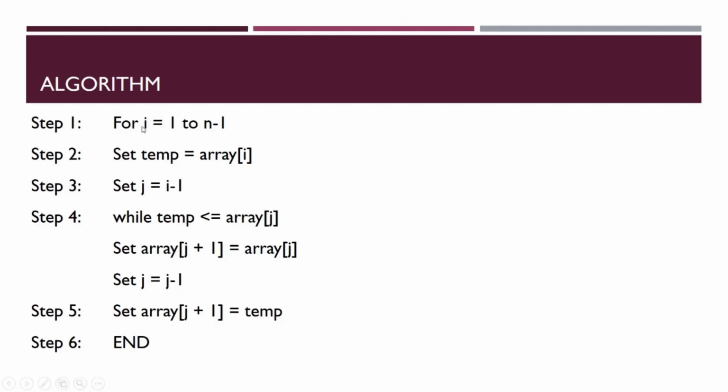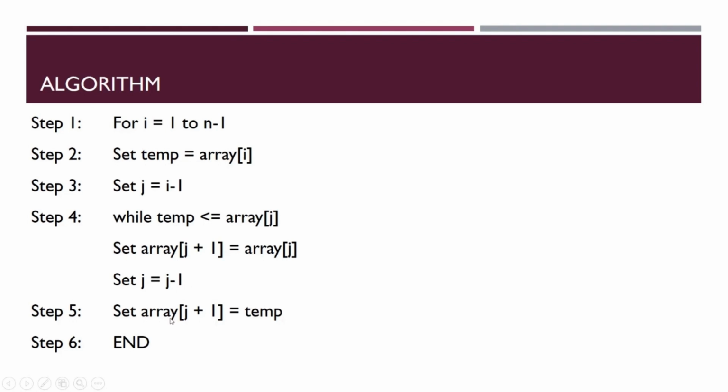Following are the steps of the algorithm. Step 1: for i equals 1 to n minus 1. Step 2: set temp, a temporary variable, assigned the array of i. Step 3: set j assigned i minus 1. Step 4: while temp is less than or equal to array of j, set array of j plus 1 assigned to array of j, and set j assigned j minus 1.